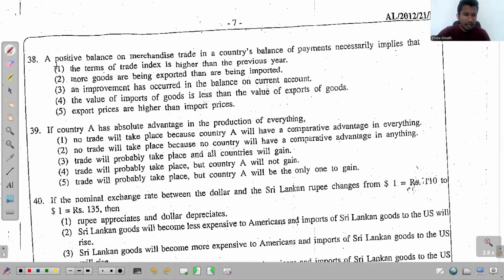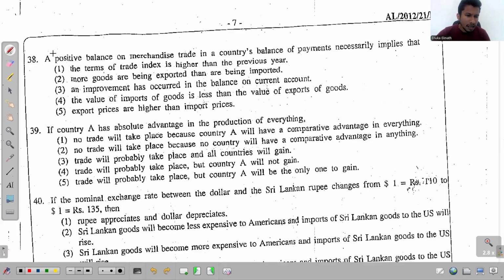What is it once again? A positive balance of merchandise trade. Merchandise trade is equal to the value of the tangible goods exports and imports. The final value in these tangible goods exports and imports.